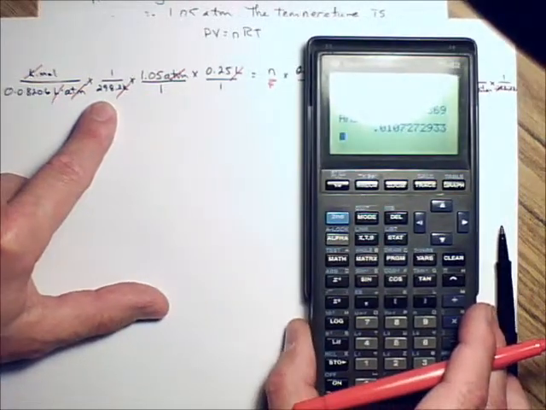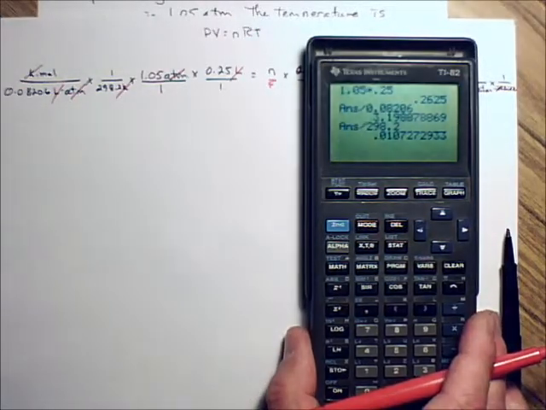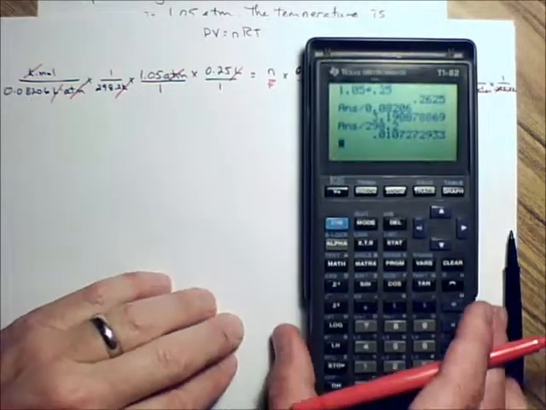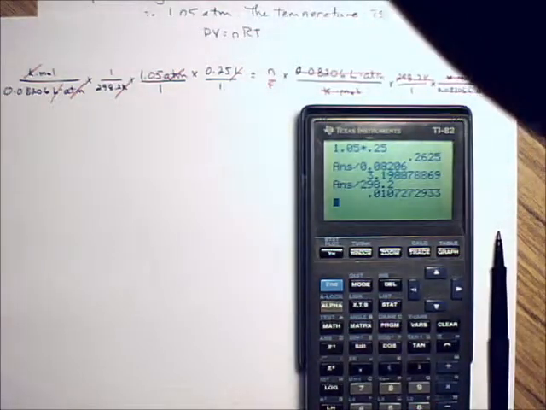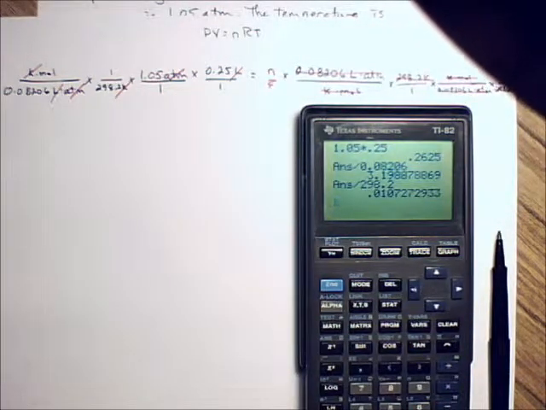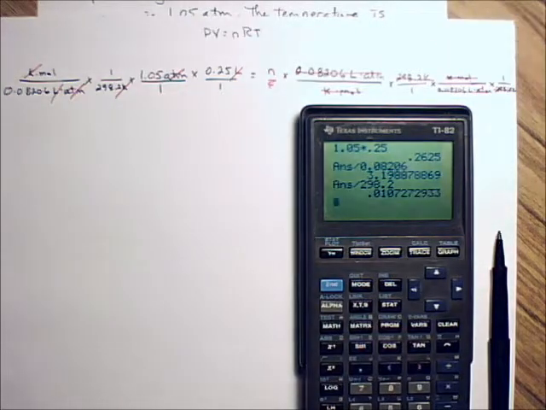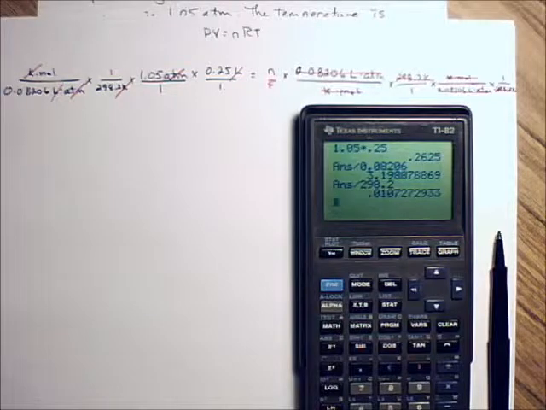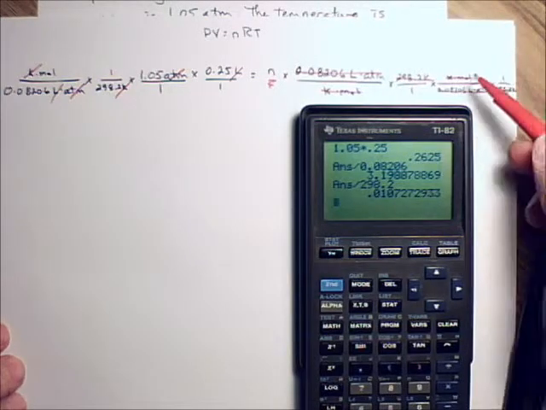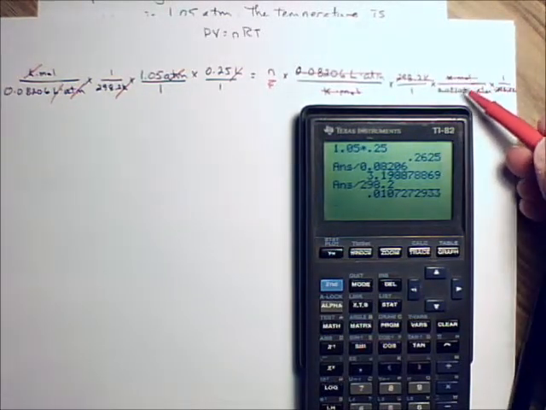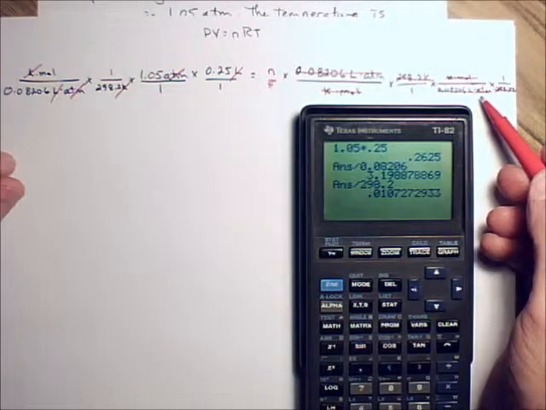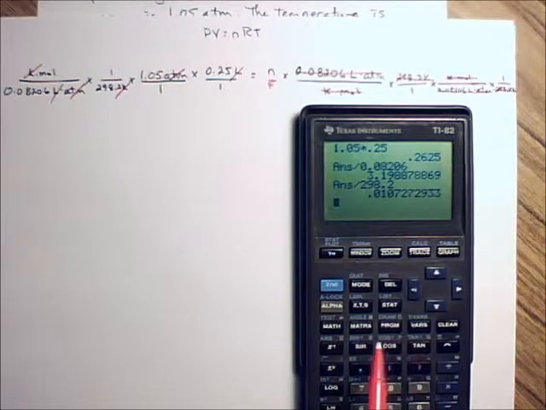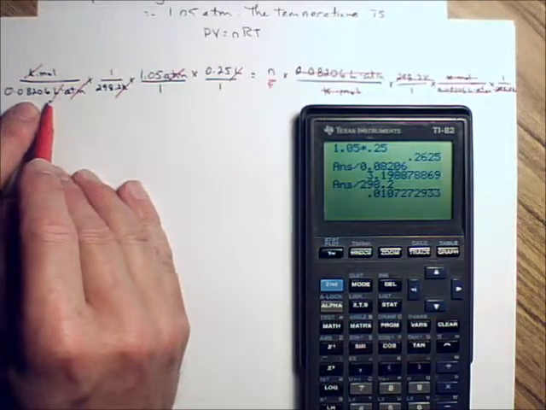What's on the right side of the calculator cover? I see the 298.2 K over 1. What's after this? Kelvin moles over 0.08206 liters times atmospheres, same as this one right here.